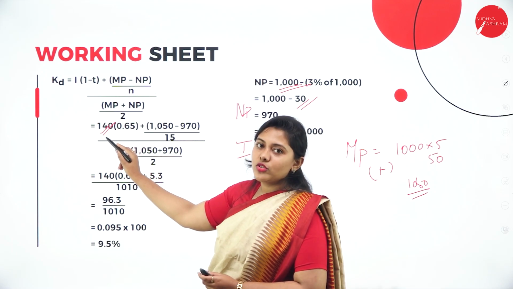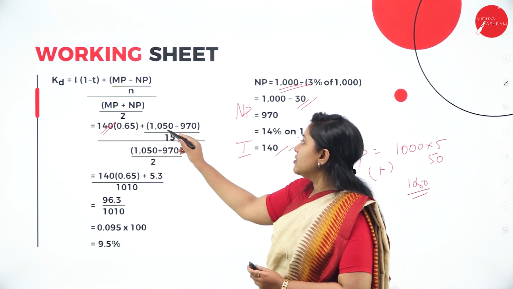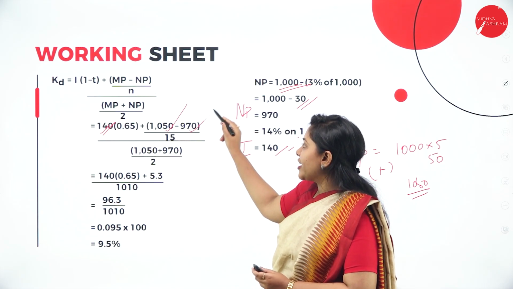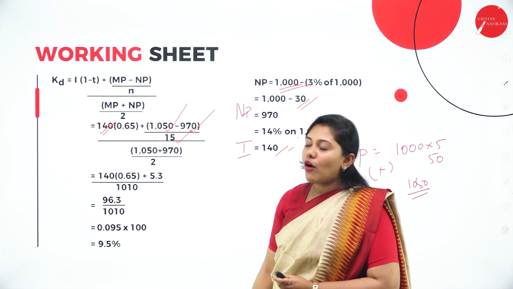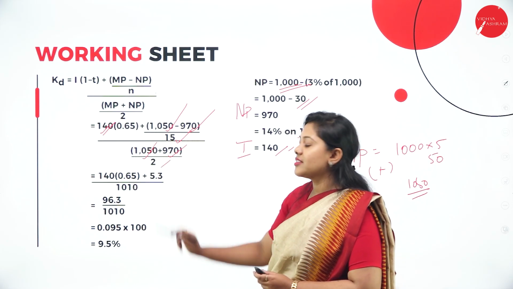So 140 is your interest, 0.65 is your tax factor, then maturity price, net proceeds, number of years, and maturity price plus net proceeds divided by 2.